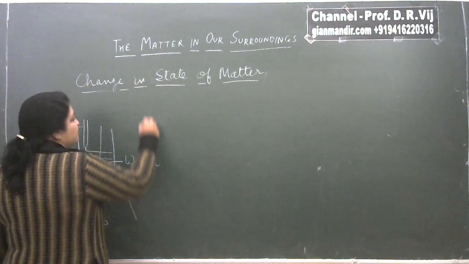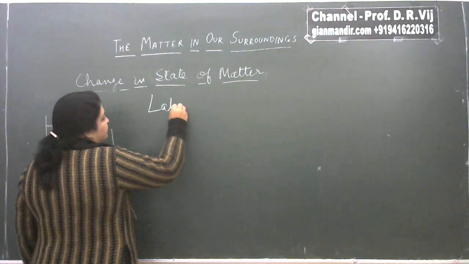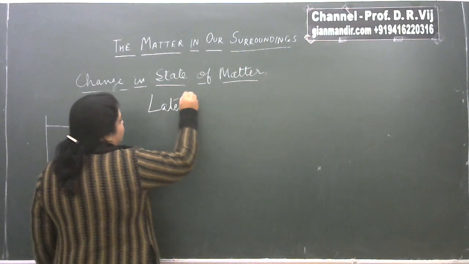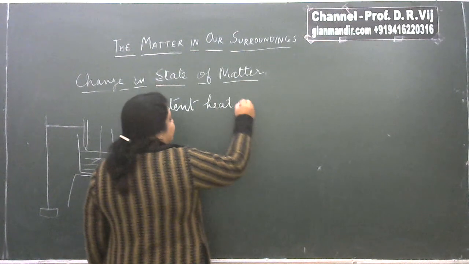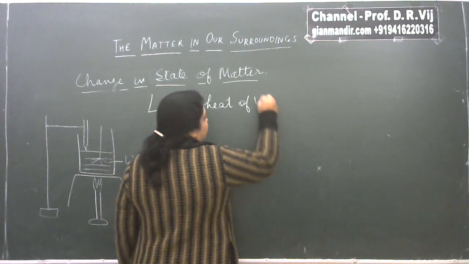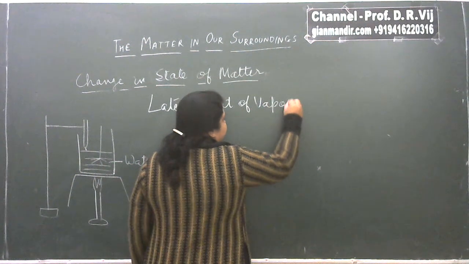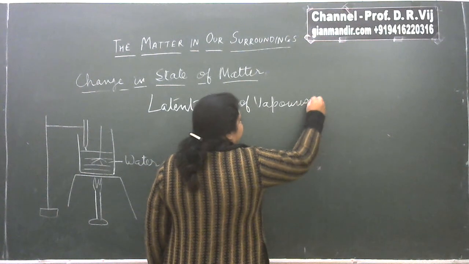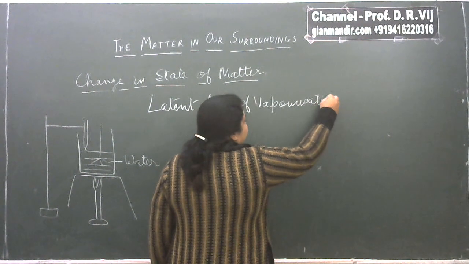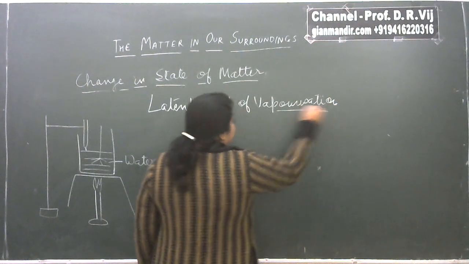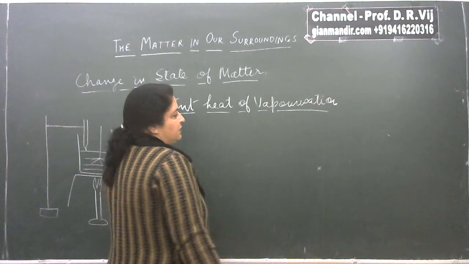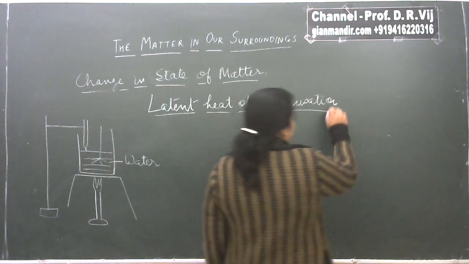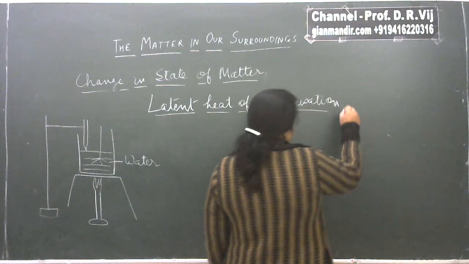As you have seen in the case of solids, the latent heat of fusion, similarly, we can call this the latent heat of vaporization. As you know, latent means hidden. The heat which is not visible to us in the form of an increase in temperature is known as latent heat of vaporization.